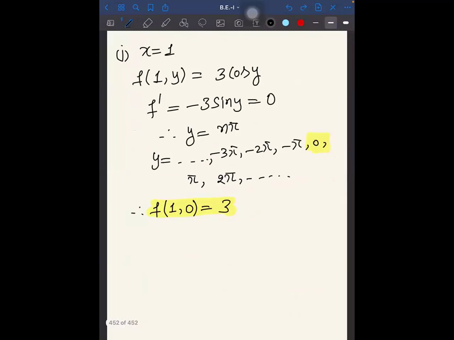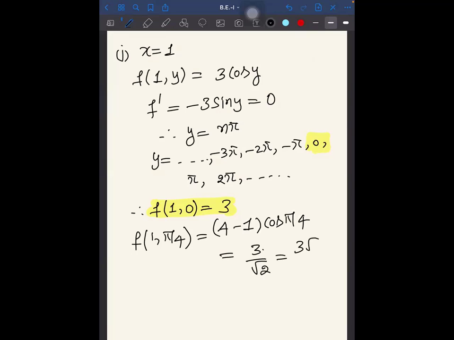So let's say f of (1, pi by 4). So 4 minus 1 into cos pi by 4, that is 1 by root 2. So that is 3 by root 2. If you rationalize it, it becomes this. Similarly, you get the value at minus pi by 4. You know that cos of minus pi by 4 will also give you the same value, right?